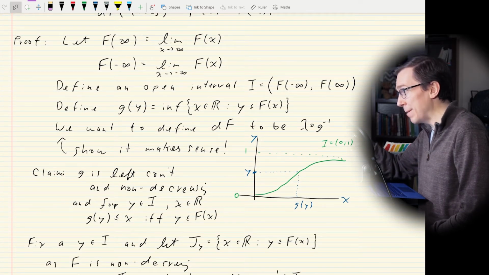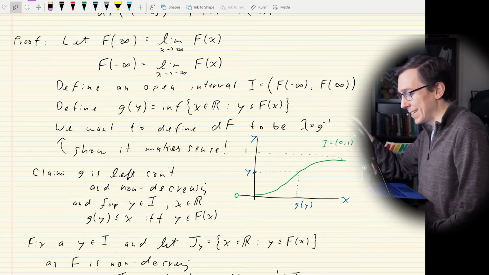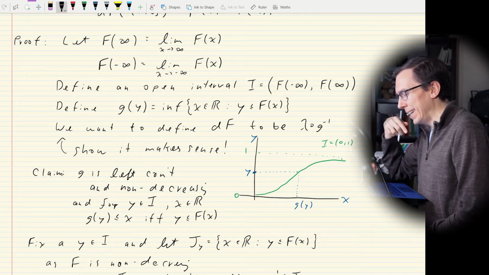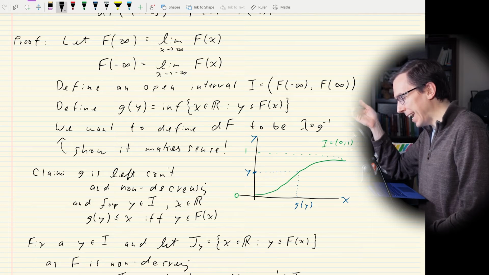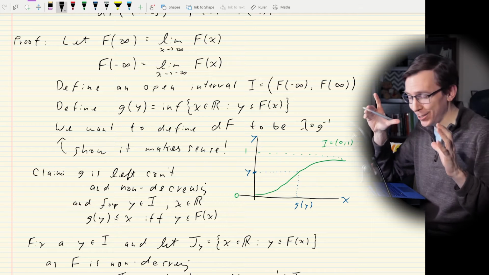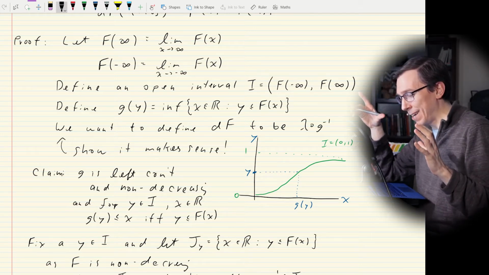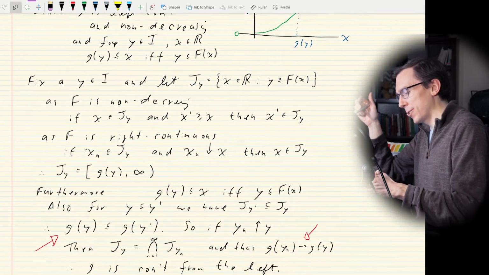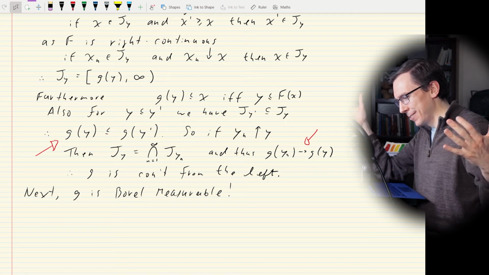G is defined as this inf over x such that y is less than or equal to f of x. So if we take a set like these half-open intervals that we've been working with the whole time, we know those are going to get mapped back into a measurable set, and those are going to generate the Borel sets, and we're kind of done, right?